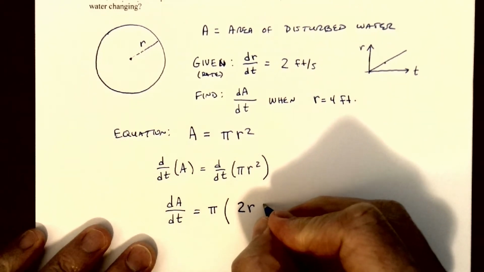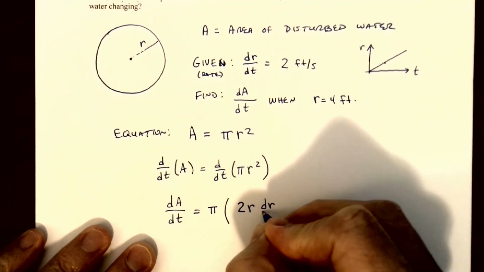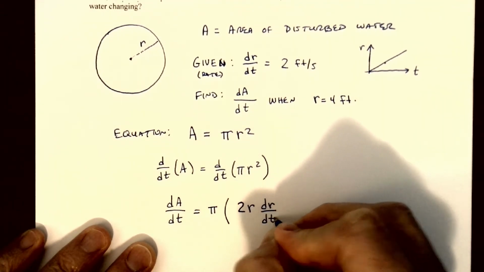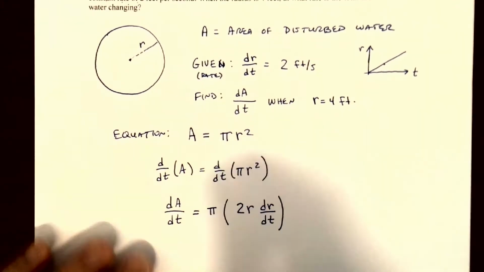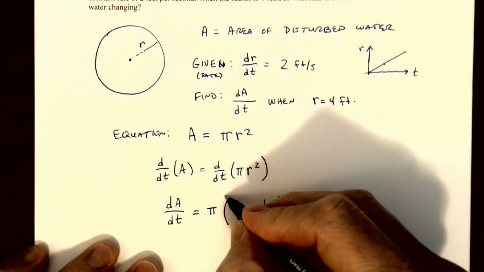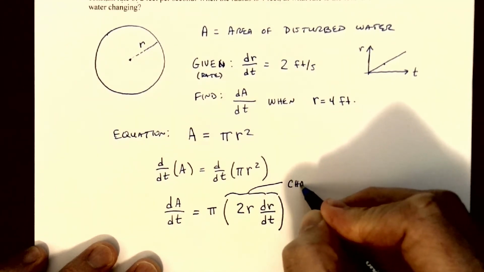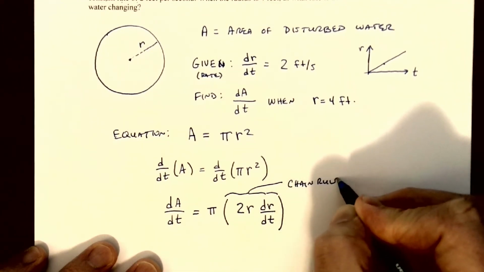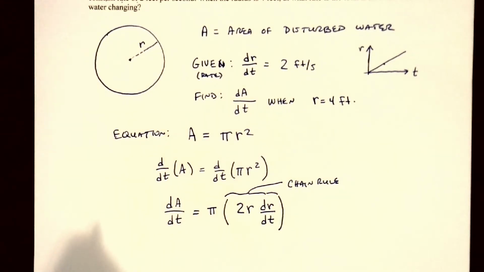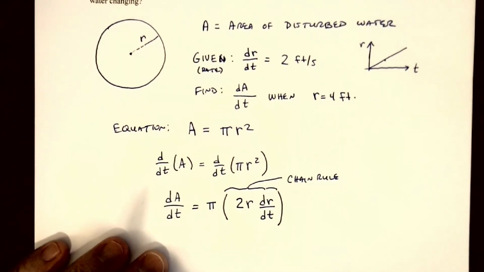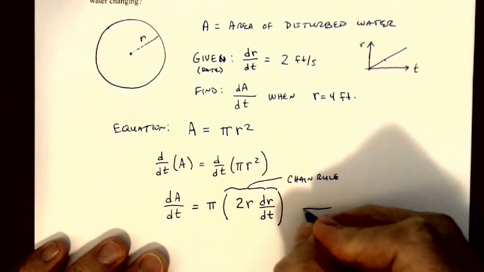What's the derivative of the inner function? Well, that's just the rate of change of r with respect to time, dr/dt. So this right here, again, is the chain rule. And so now we have our related rates equation.